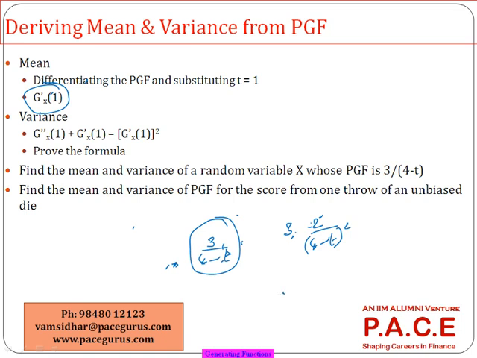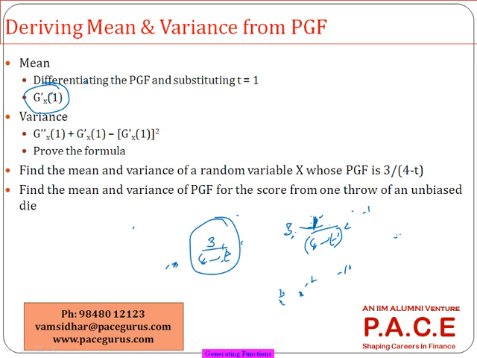1 by x, x power minus 1, the derivative is minus 1 by x squared. So I am putting it as minus 1 by 4 minus t whole squared, and again taking the derivative of minus t, which is minus 1.